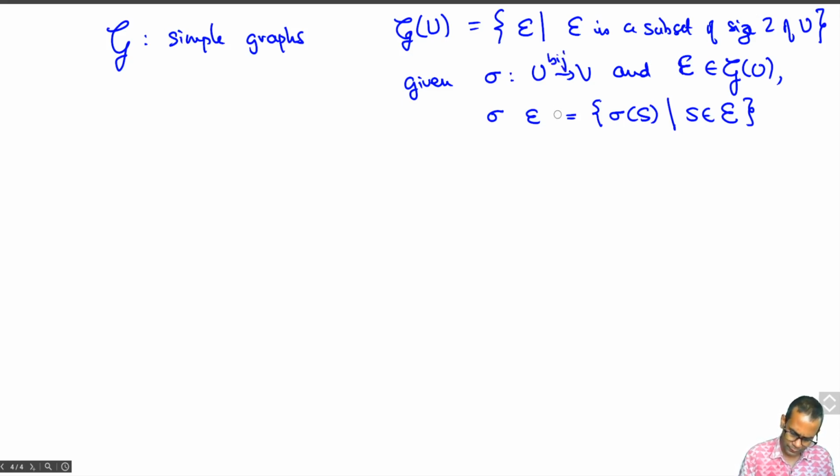Okay, so G is the species of simple graphs.